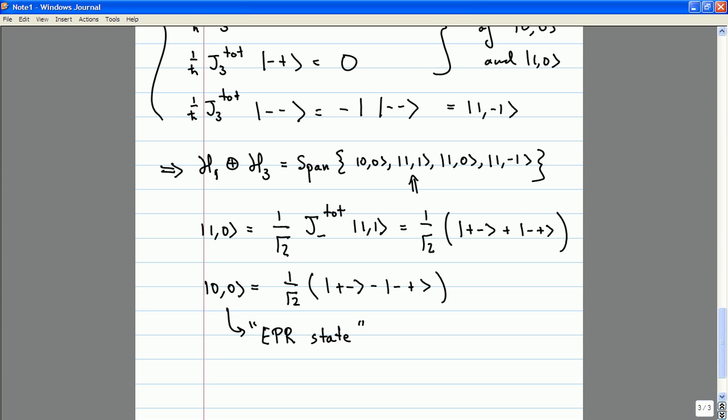And we know that the states plus minus and minus plus, there must be some linear combinations of those that give you the two different spin 0 states, the 0, 0 state and the 1, 0 state. So I've identified the 1, 0 state, and I need to find that linear combination which is perpendicular to it. And indeed, this definition was chosen precisely in order for this inner product to vanish.